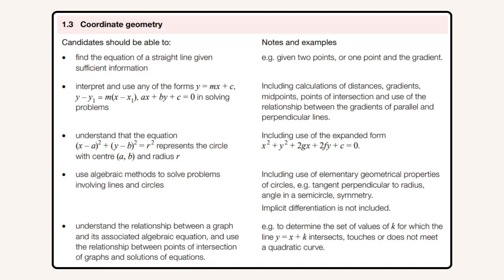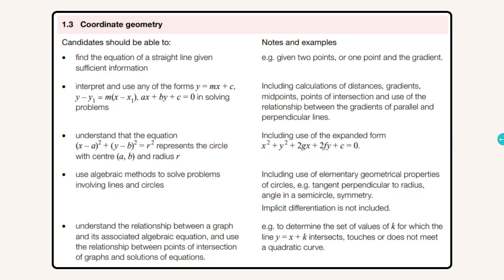So you all would know that this is basically the equation of a circle, written as x minus a whole square plus y minus b whole square is equal to r square, where a and b is the center, and remember that the RHS is r square, so you need to take the root of it to get the radius. You might even get it in the expanded form, which is written on the right side as x square plus y square plus 2gx plus 2fy plus c.